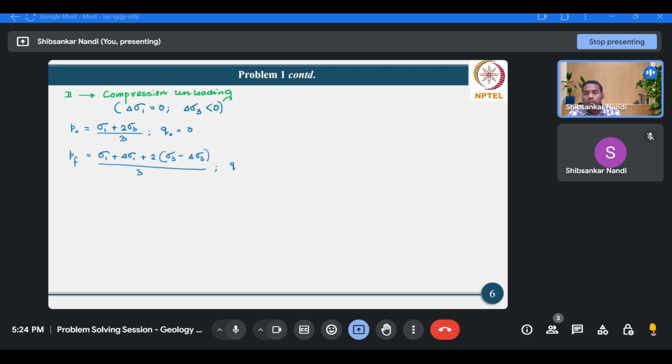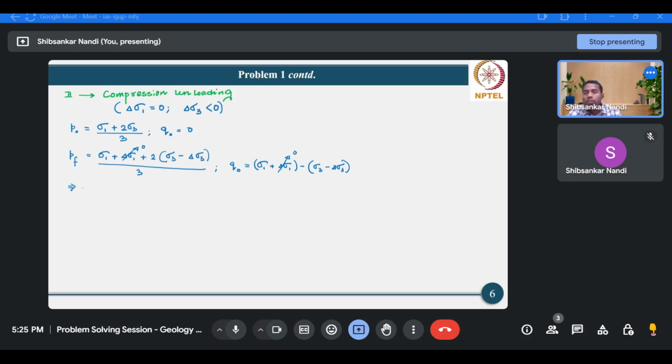The delta sigma 1 is 0, so we will not write it. And QA will be sigma 1 plus delta sigma 1 minus sigma 3 minus delta sigma 3.